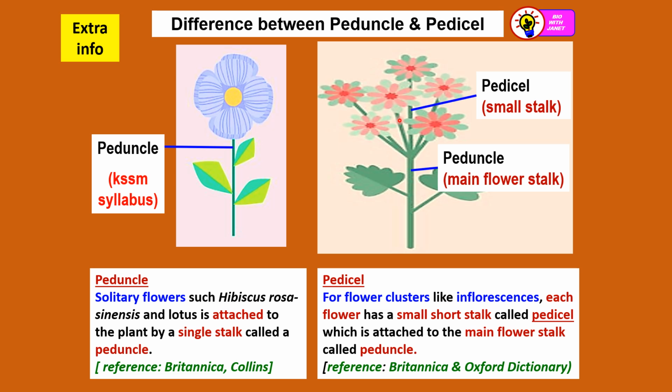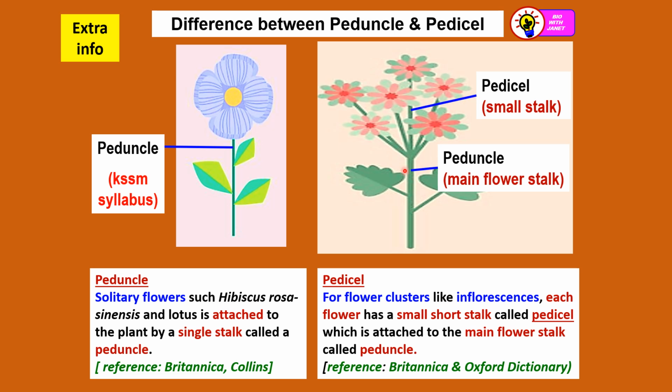All these small short stalks are called the pedicel, which is attached to each flower stalk below, called the peduncle again. Okay, so the main flower stalk is the peduncle always, and if it has branches coming out from it, then these flower stalks are called the pedicels.